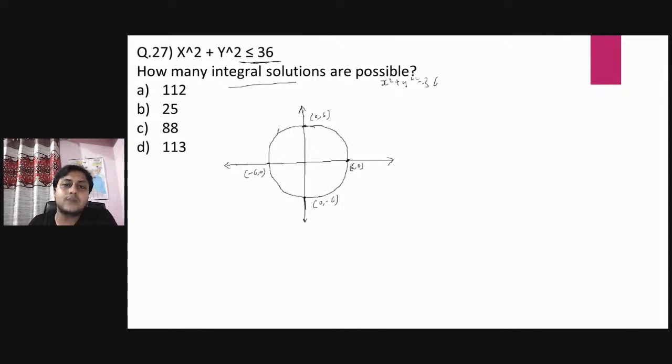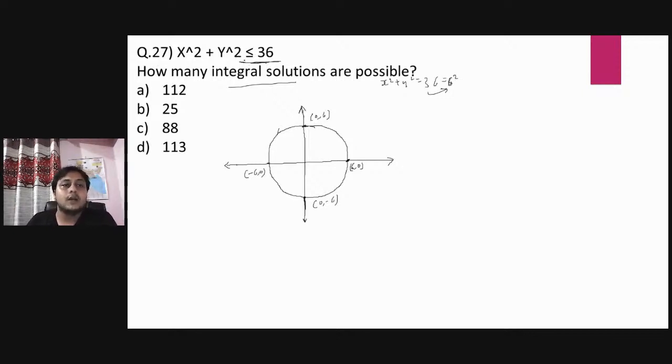So if x square plus y square equals 36, there are 4 solutions that lie on the boundary of this circle, right? And we know that x square plus y square equals 6 square. No triplet will be formed with 6, right? So only 4 solutions according to this equation. Sorry, 4 solutions: there are 4 points on the boundary of the circle that fulfill this equation.